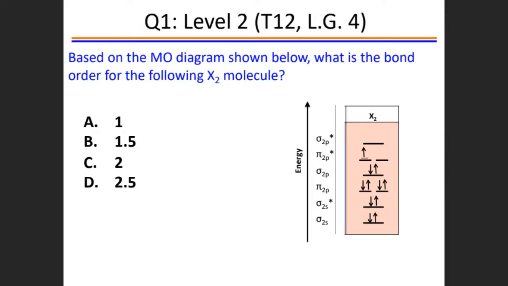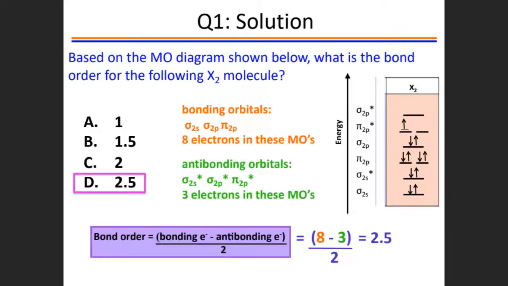So for the X2 molecule, let's see how many we have. Like that. And we have antibonding here, here, and here. So let's move on and see how we will count it.